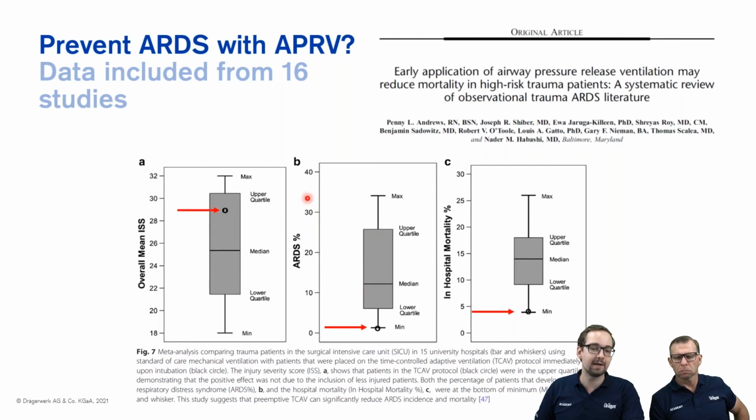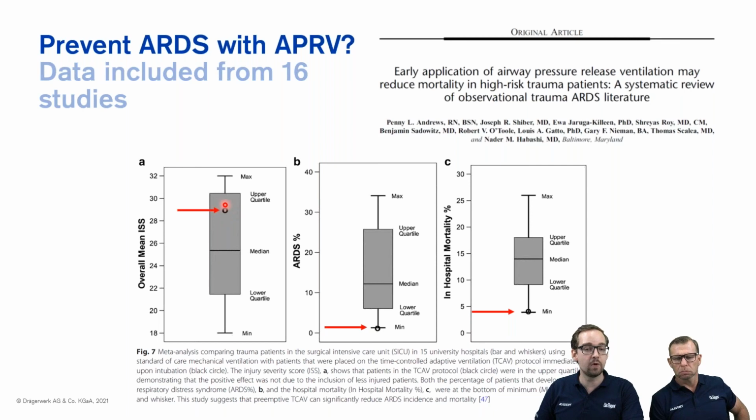So when you look at this graph right here, you see this is the study population, and on the left the injury severity score. So the patients' mean injury severity score, so how sick are the patients? And the study population that were receiving APRV was actually from the upper quartile, so with more significant lung damage.